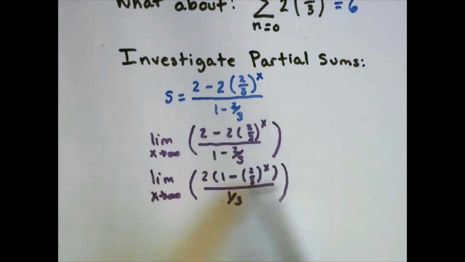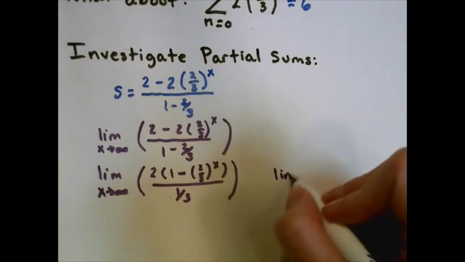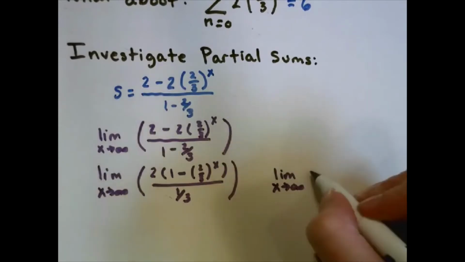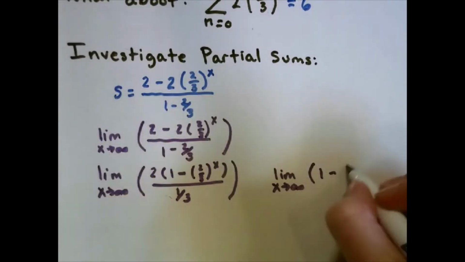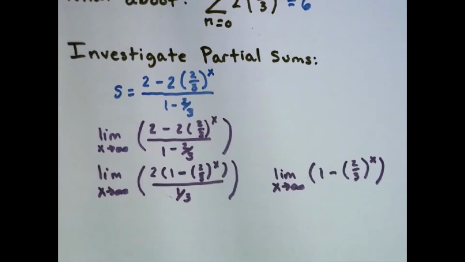I'm going to pull this section out because this is just a constant. This piece is the only thing that's going to change as x goes to infinity. So if I look at what happens to just that piece as we go to infinity, well, 1's just going to go to 1.